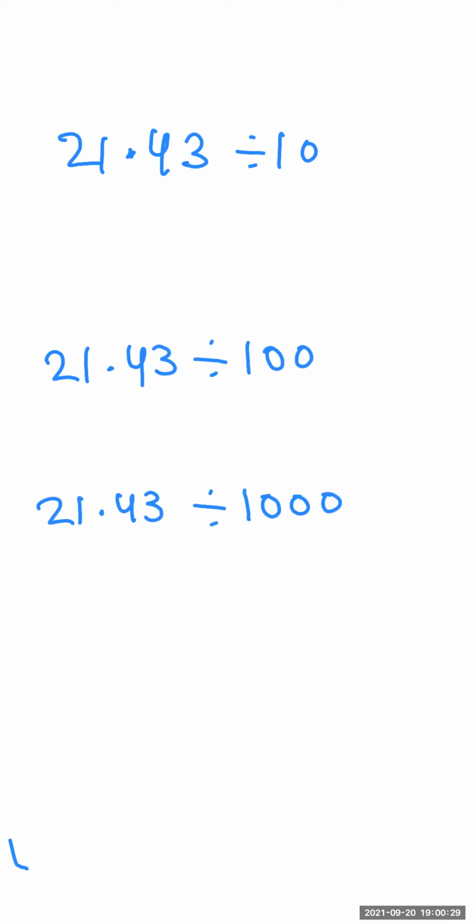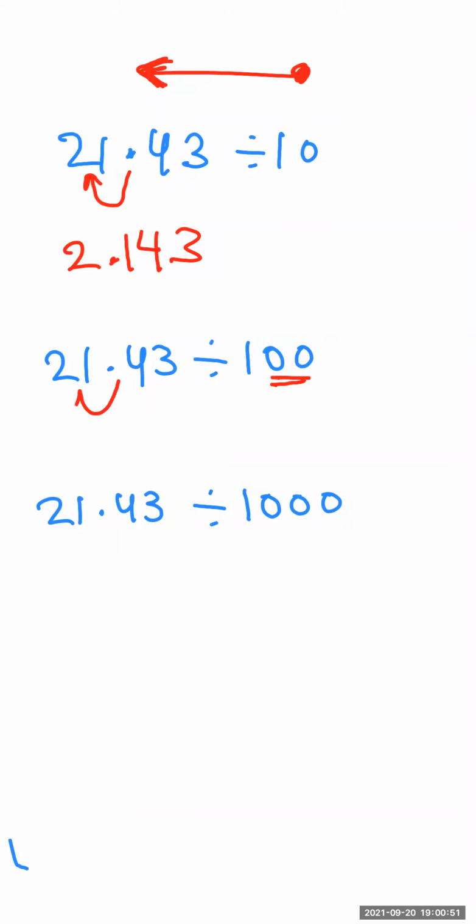On the first case, as we said, dividing by 10, the decimal point will move to the left, 1 place. So 2.143. What about dividing by 100? So 2 places, 1, 2. So 0.2143.